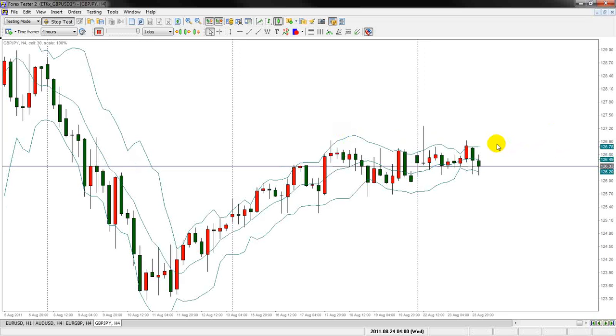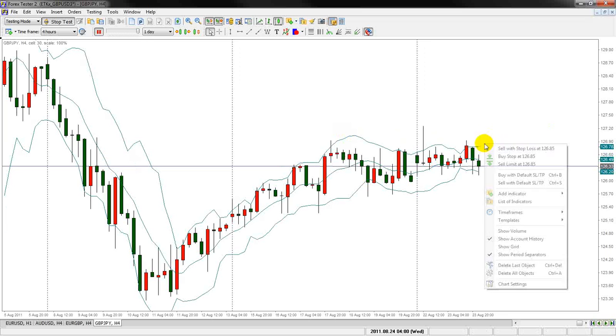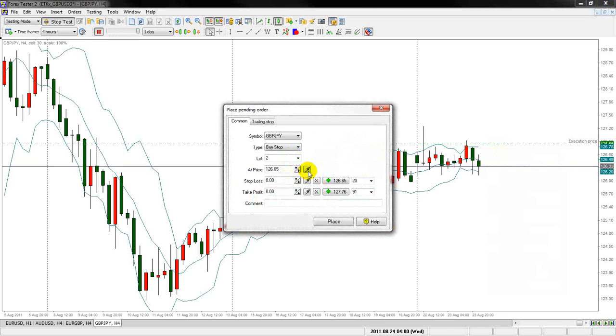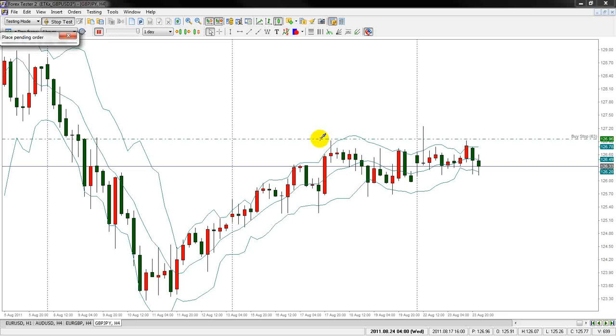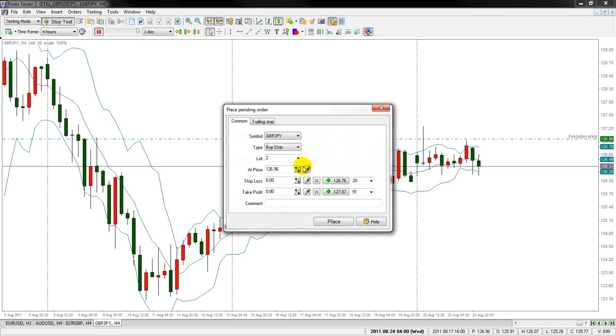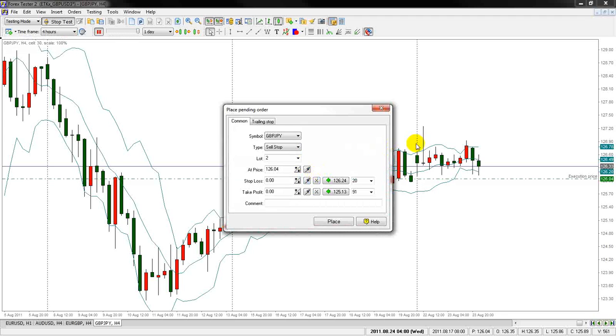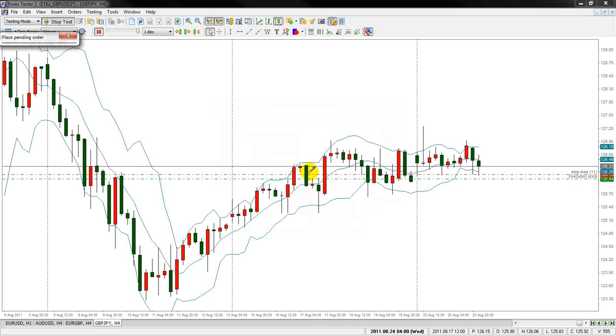What I'm going to do is put a buy stop above price right here. And then I'm going to put a sell stop also below price down here. The stop loss is going to be on the other side.